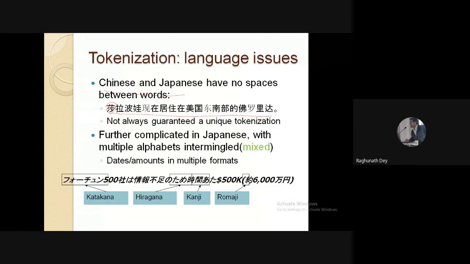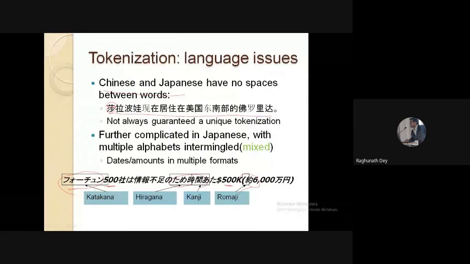Look here. Some statements have multiple languages as well as alphabets, including some numbers or digits. This is one language, again English numerical values. This is another language, then again numerical values, and again some other languages.